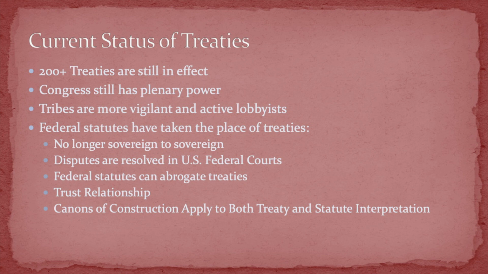You are trying to keep a treaty in place, and you're trying to make sure it doesn't get overturned. That is why every Indian law case that goes up to the Supreme Court is so important, because it might only be about one tribe, that particular case, but the effect impacts all federally recognized tribes. Every single one, regardless of their membership, regardless of how well developed they are, it does not matter.